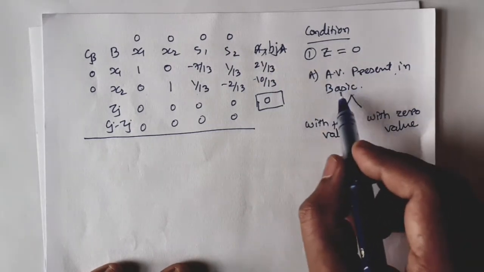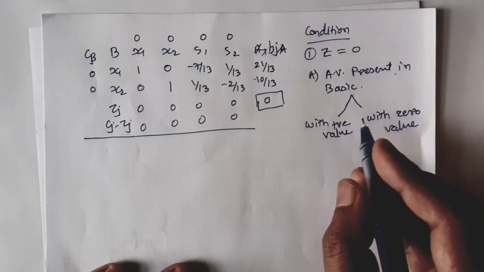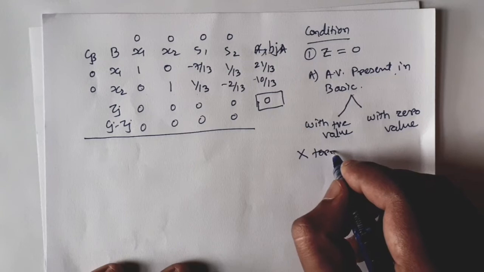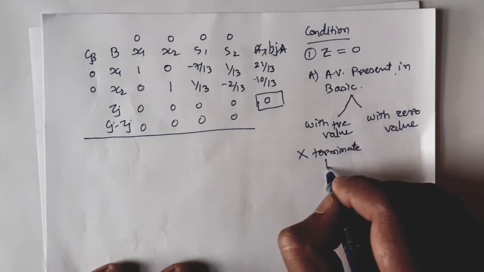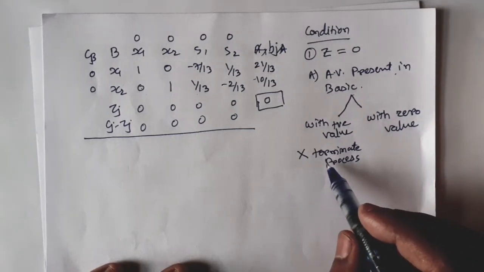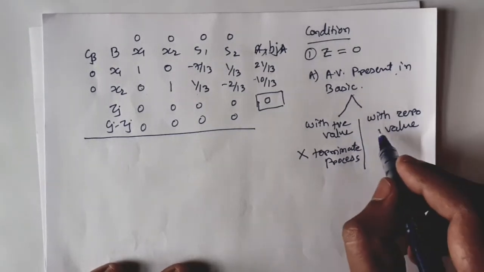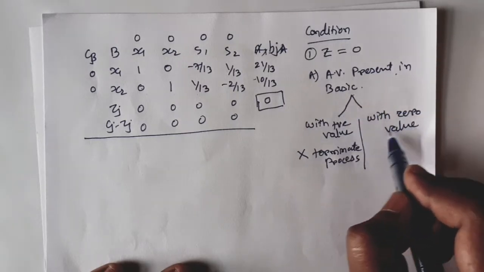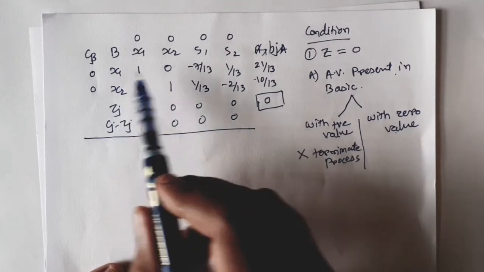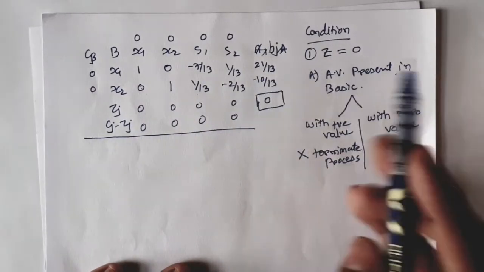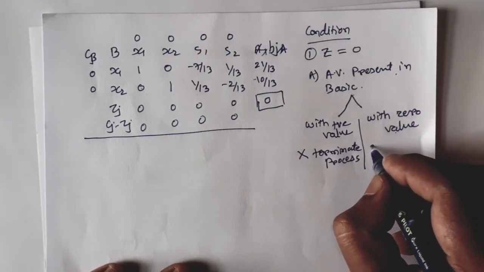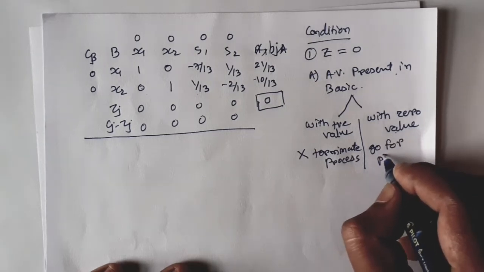If an artificial variable is present in the basis with a positive value, then this problem does not have an optimal solution, and terminate the process here, because there is no feasible solution or feasible optimal solution for this case. Whereas if the artificial variable is present with the 0 value, say for the variable a1 or a2 or any artificial variable, the value is 0 in the bj column, then this problem might have an optimal solution and go for phase 2.